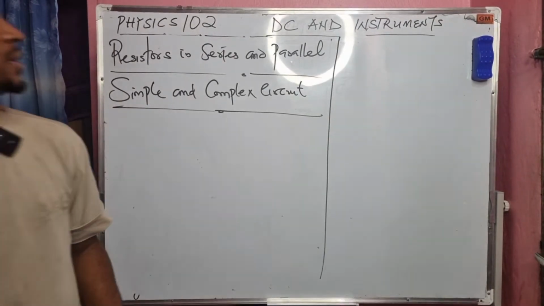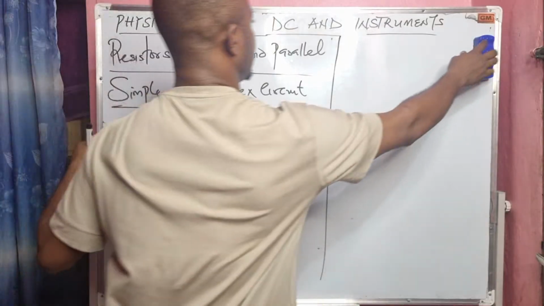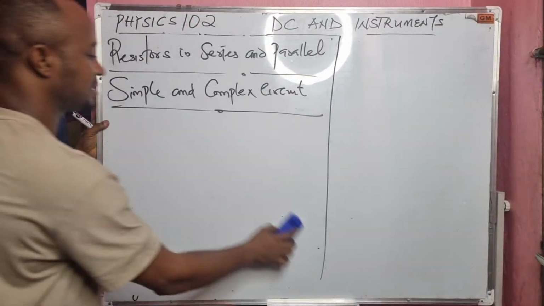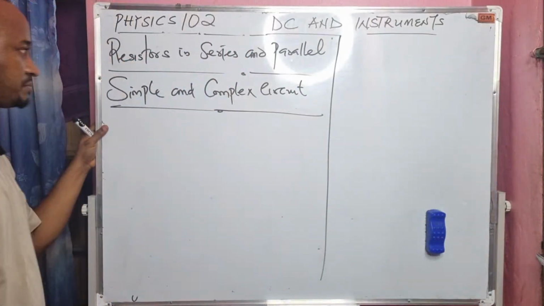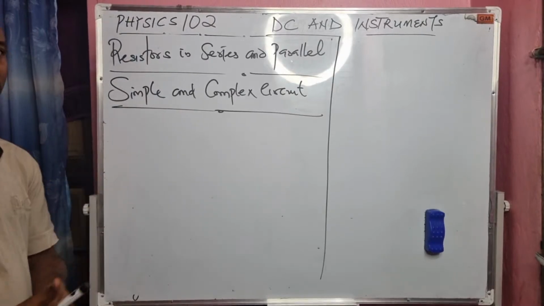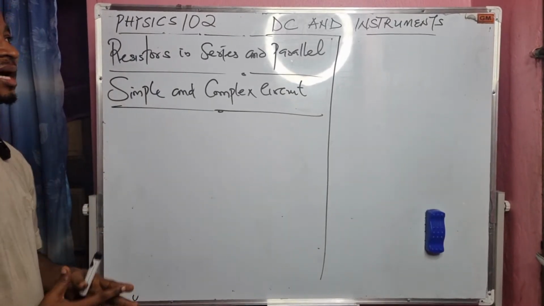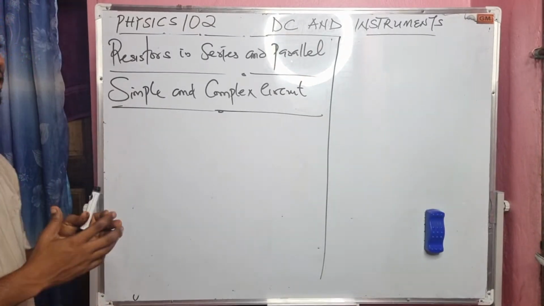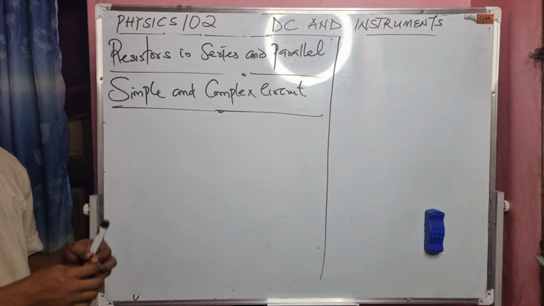All right. Now let's look at how to analyze a circuit. In a circuit, we can have resistors connected in series and also connected in parallel. What's a resistor? A resistor is a device.